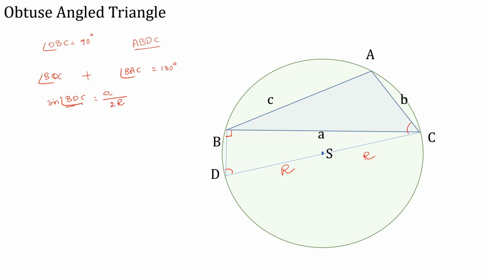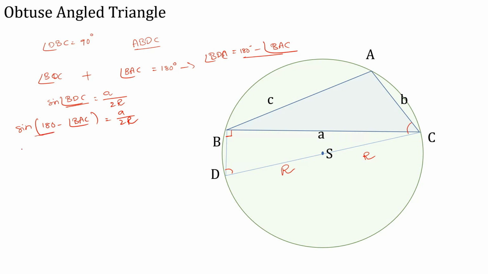But for this angle BDC, on rearranging, we get angle BDC equal to 180 degrees minus angle BAC. We'll substitute this. That is, sine of 180 minus angle BAC is equal to a upon 2R. We know from sine properties that sine of 180 degrees minus any angle falls into the second quadrant, and sine is positive in the second quadrant.